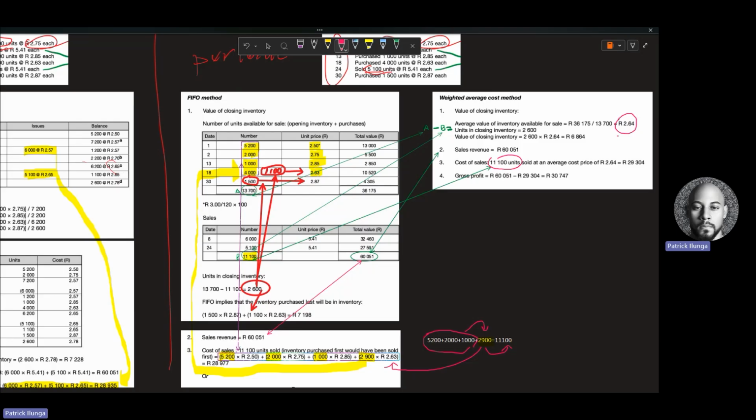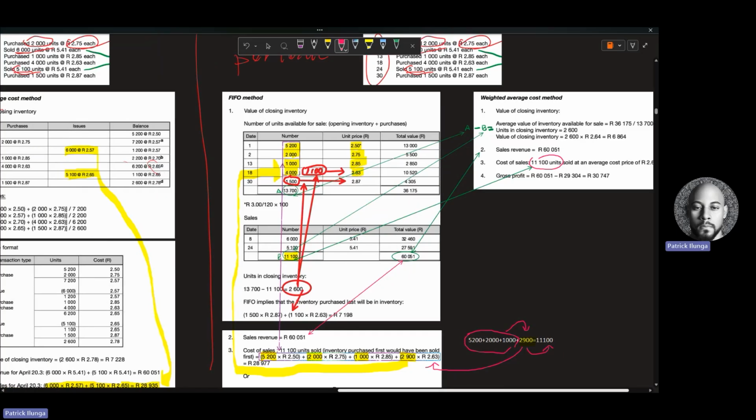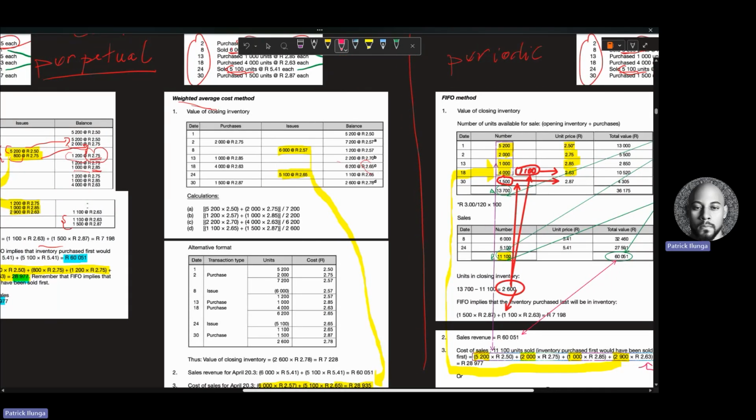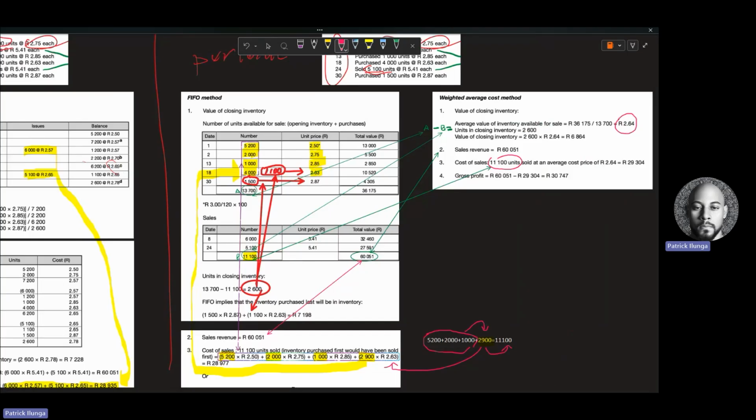Remember, I told you for the weighted average cost method, you calculate only one weighted average for the entire period, not after every transaction. After every transaction is the perpetual inventory system. In the periodic inventory system, you don't need to do that. You only have one weighted average cost.